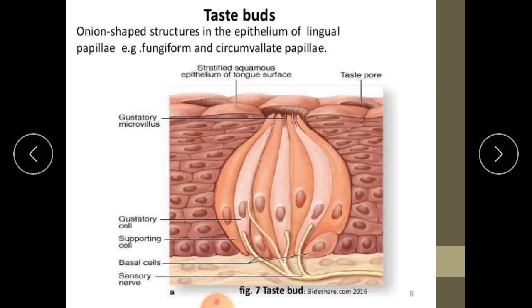Okay, so this is about taste buds. Taste buds are flask shaped structures in the epithelium of the lingual papillae: fungiform, circumvallate and foliate. The lingual papillae have taste buds, except filiform papillae. Okay, that's about taste buds.